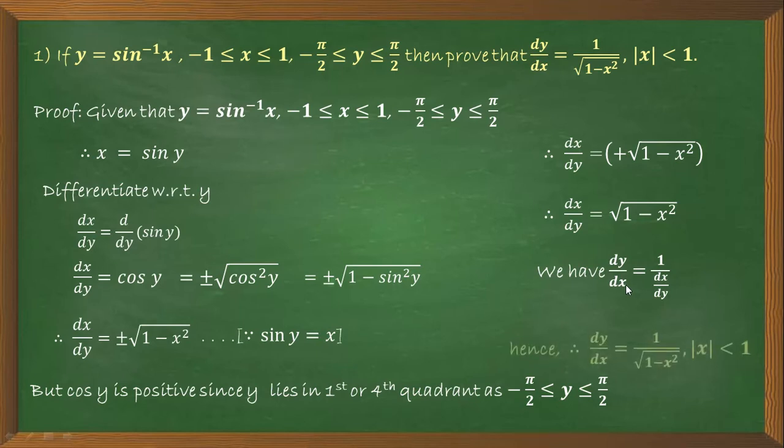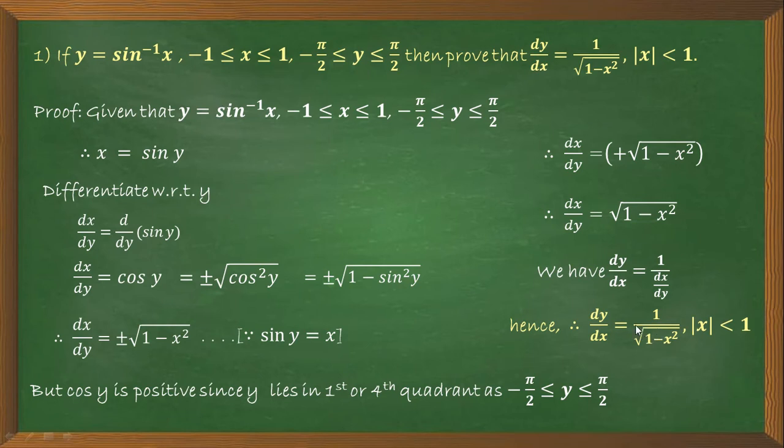So by that relation, we get dy by dx is equal to 1 upon root of 1 minus x square. So this is the proof of this result. So from now onwards, as a standard inverse trigonometric function, the derivative of y is equal to sine inverse x with respect to x is always 1 upon root of 1 minus x square. So remember this.